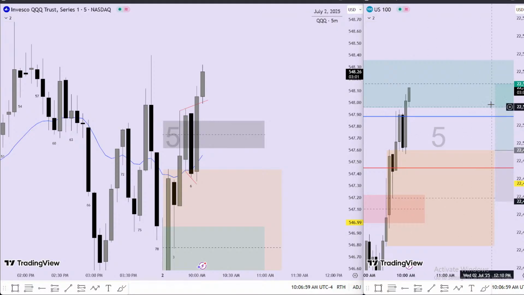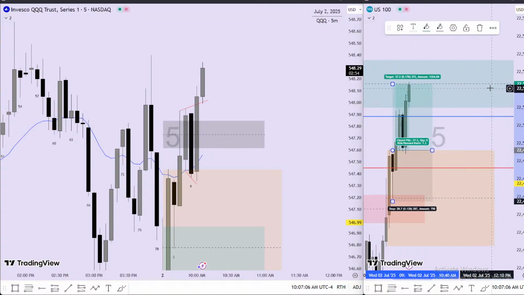I am closing this trade, and the trade is also closed. So we've got our 1 to 1 risk to reward ratio.